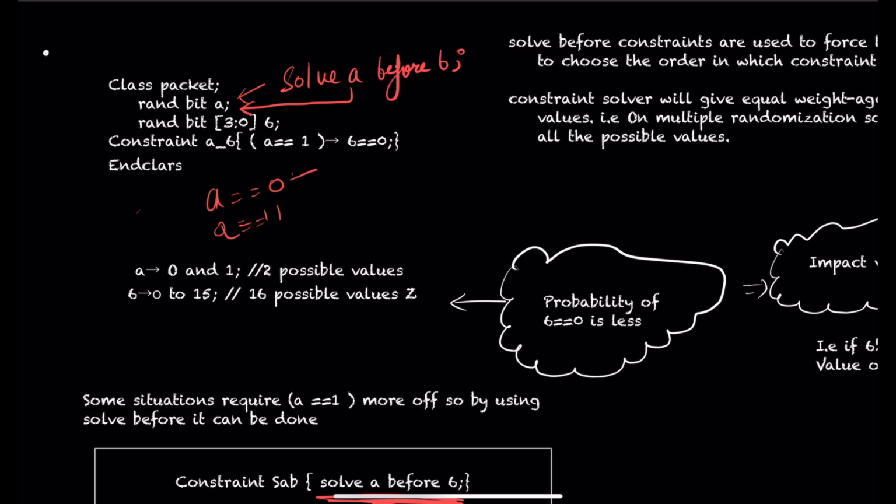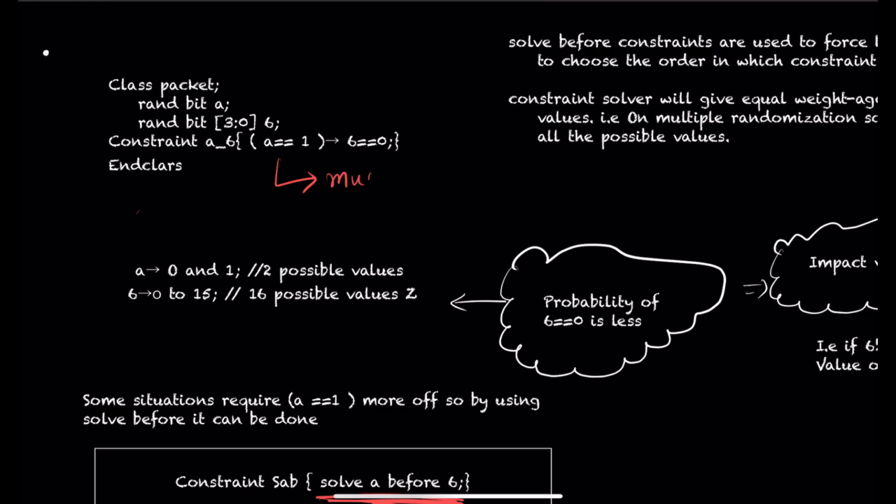If it randomizes A equal to 0, then it will give B any value out of 1 to 15, and if it randomizes A equal to 1, it will give B equal to 0. So what we can see here by using solve A before B is that the occurrences of A equal to 1 will be much more.